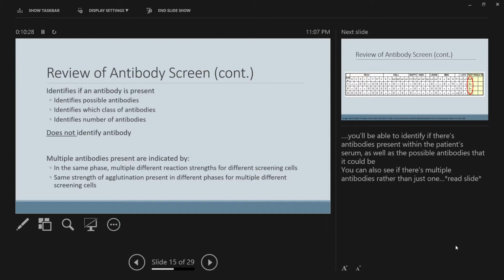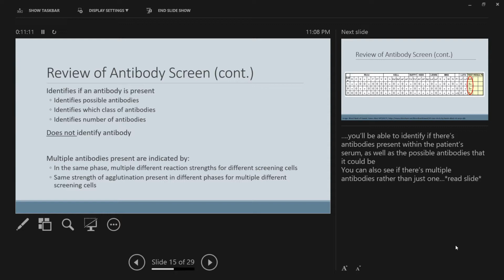Another way to see multiple antibodies present is to see the same strength of agglutination present in different phases for multiple different screening cells. So, for example, you see a 4+ for the immediate spin phase in screening cell 1, but you'd see a negative reaction, or a 1+, for AHG for that screening cell.